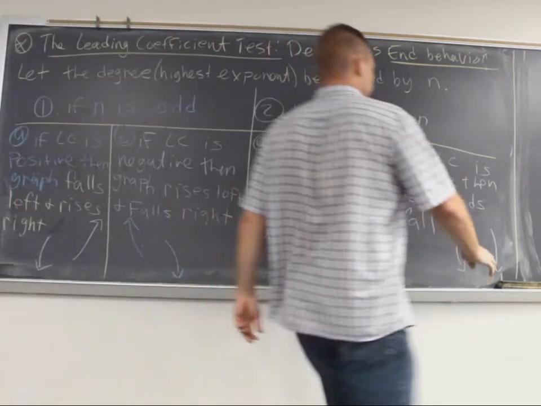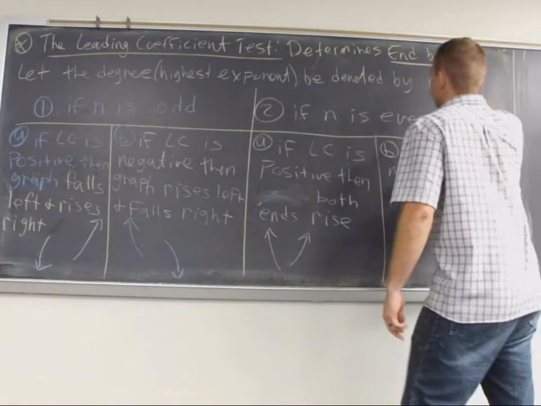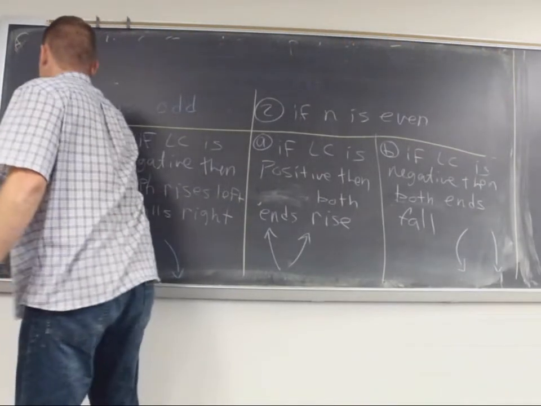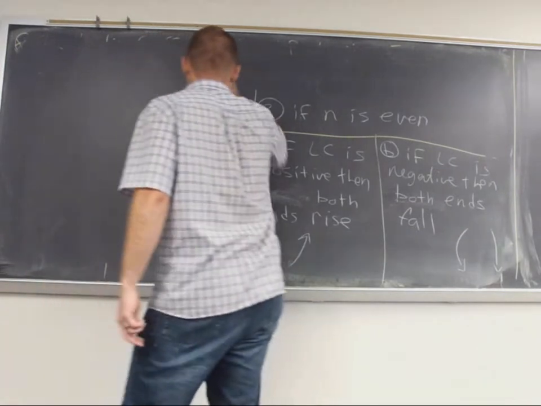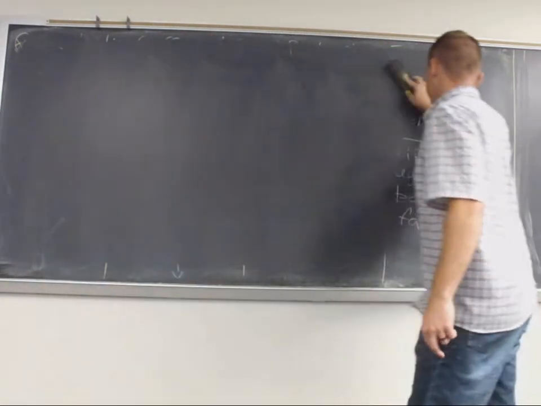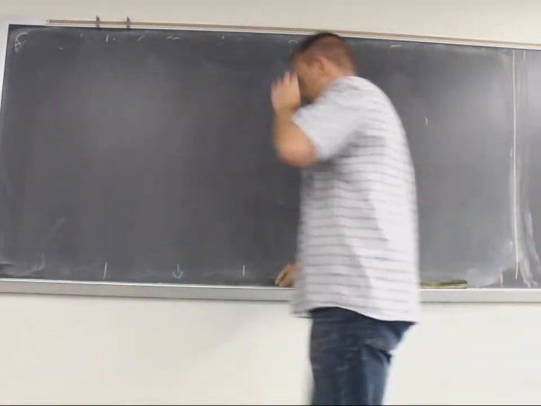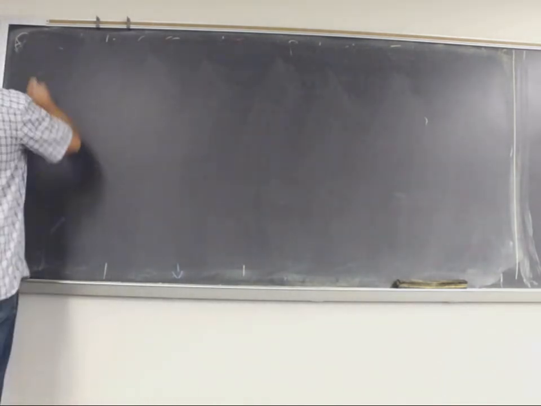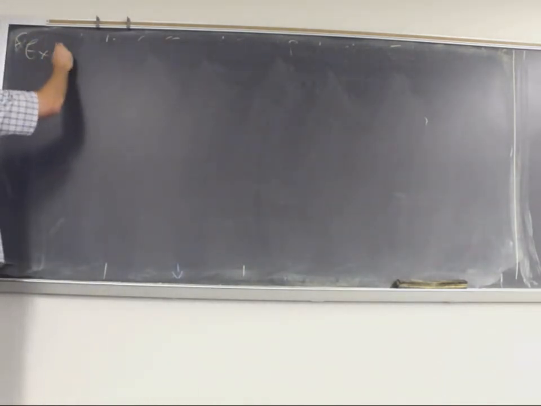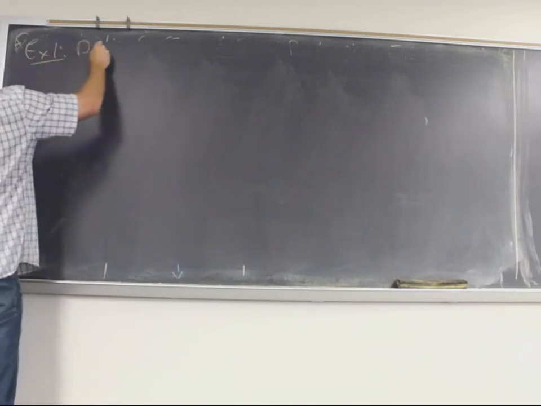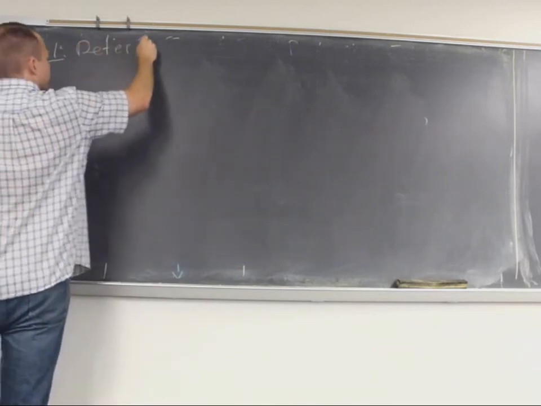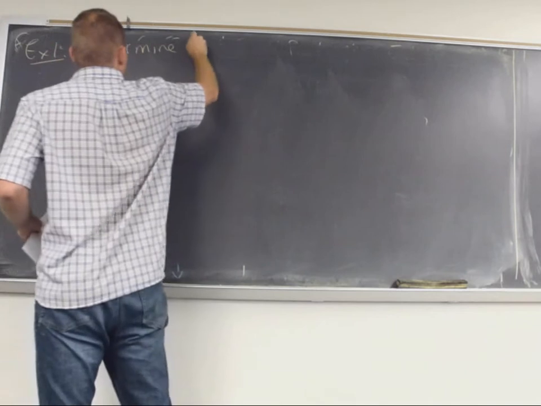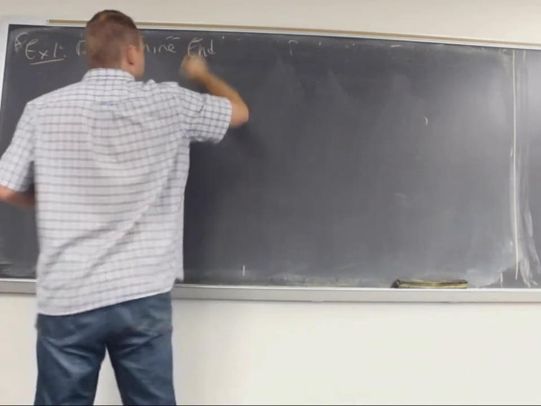All right, let's look at an example. We'll call this example 1. And it'll say something like, determine end behavior, or use the leading coefficient test to determine end behavior.